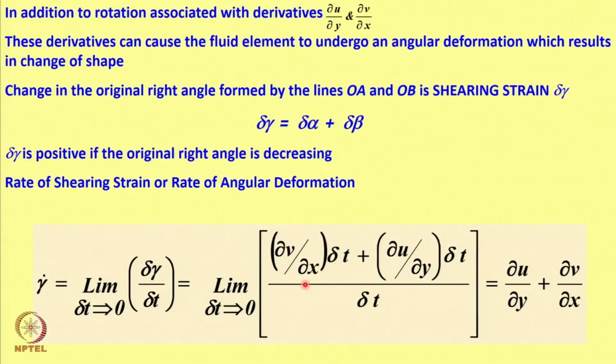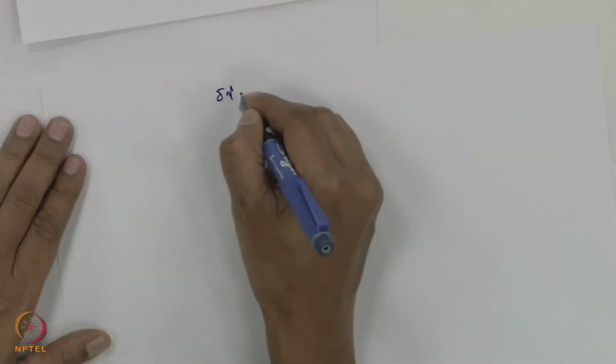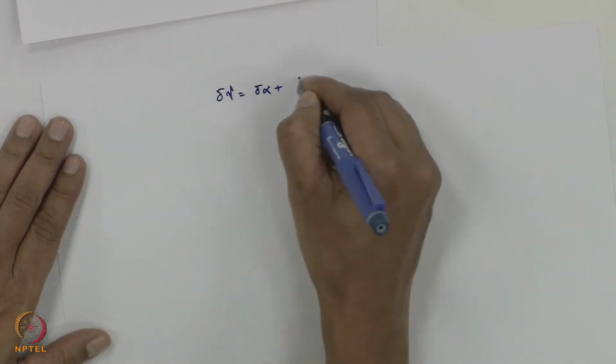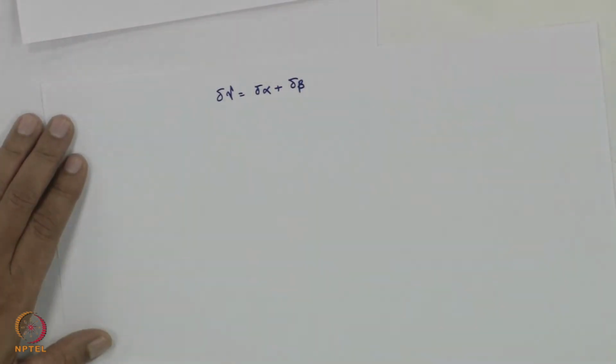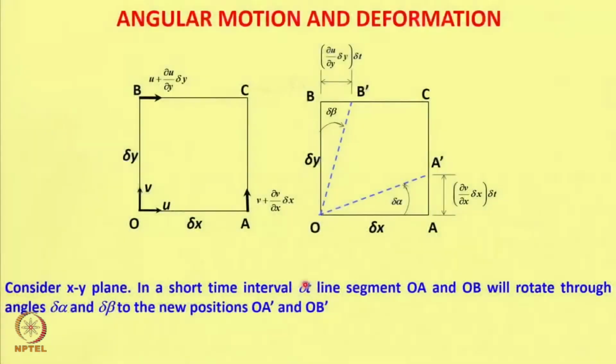Now, angular deformation: δγ is equal to δα plus δβ. Going back to the slides, this angular deformation is δα plus δβ.